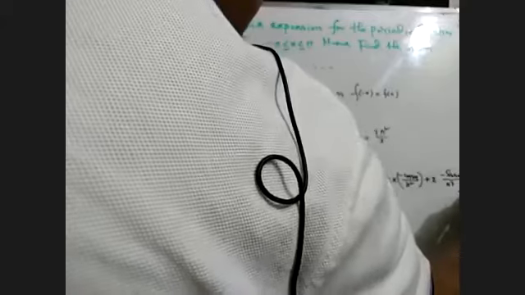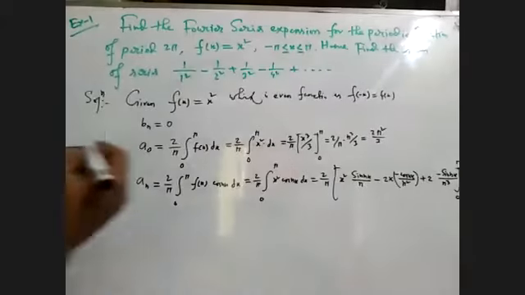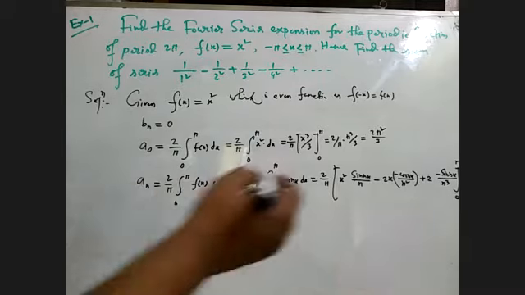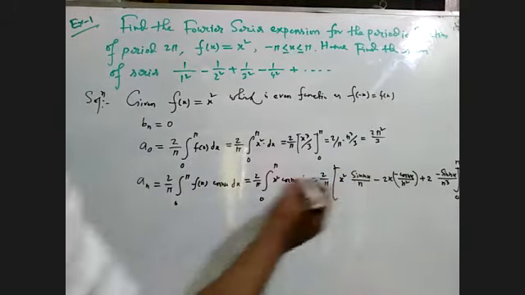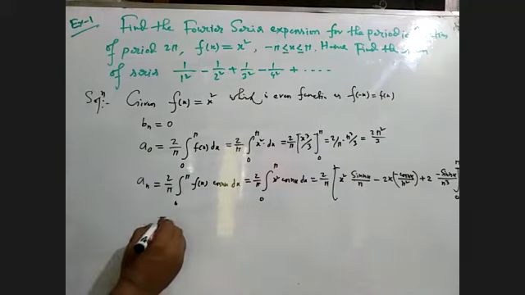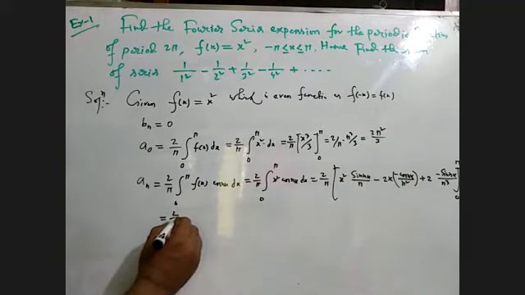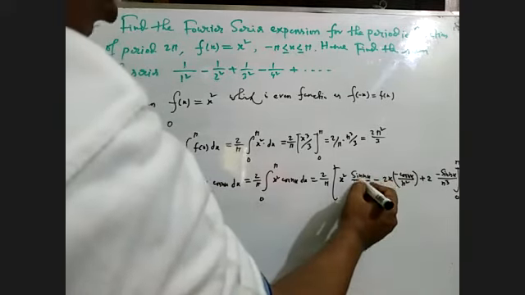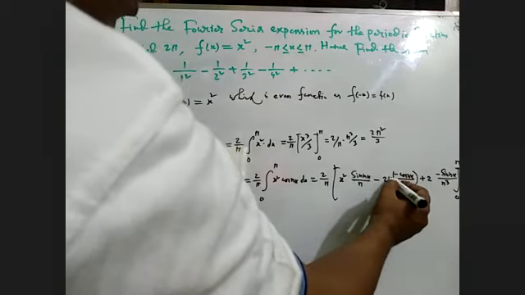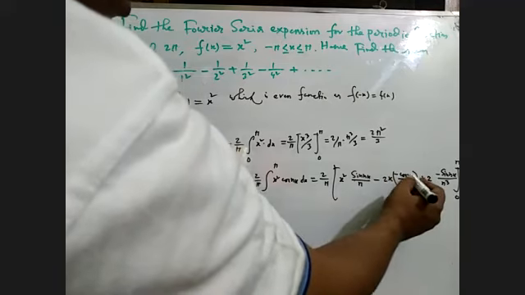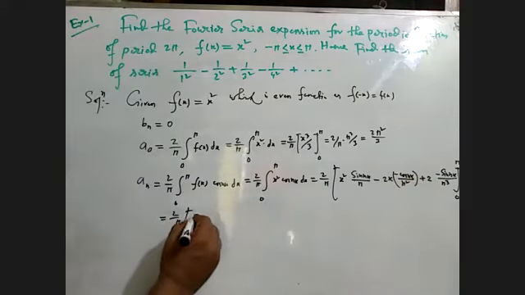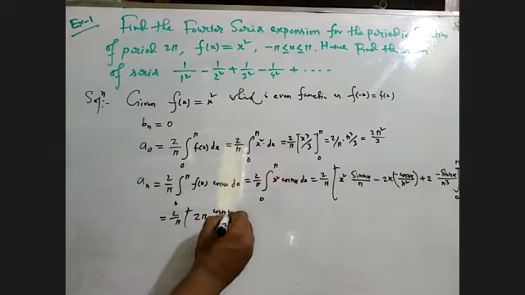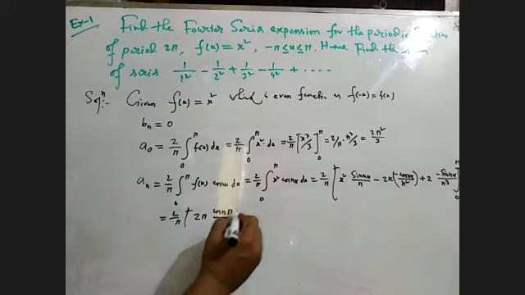Now the limit is 0 to pi. After putting x equals pi here, we get 2 divided by pi. After putting pi, sin n pi means 0. And this will be cos n pi, minus minus plus, so twice pi cos n pi divided by n square.